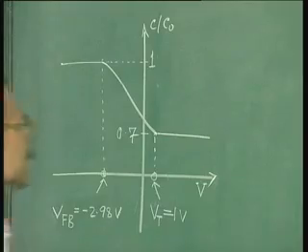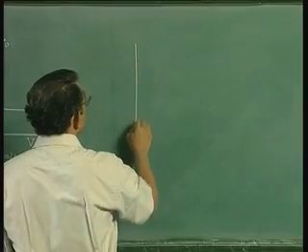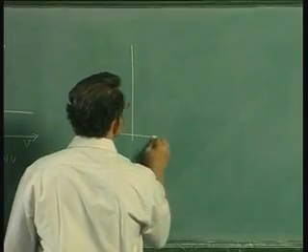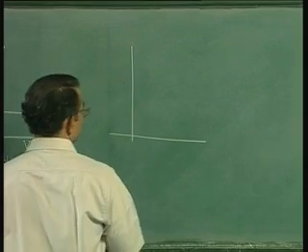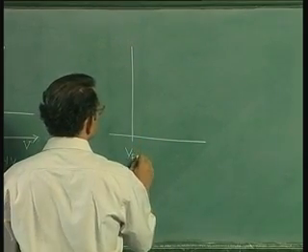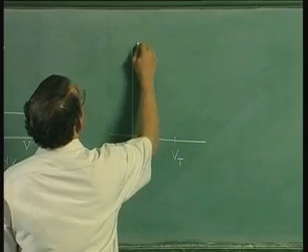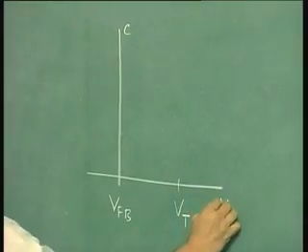The fact is that what we have derived is an approximate CV curve which has 3 segments. Suppose this is the flat band point and this is the threshold point. The curve C versus V has 3 segments.